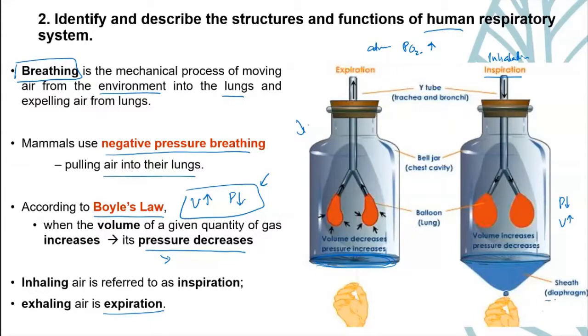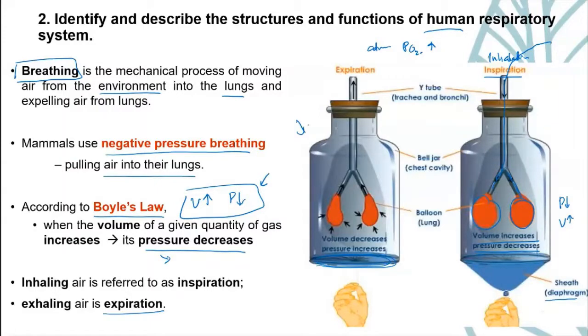At this point, the diaphragm will move down, allowing the lung to expand. The volume increases, and so the pressure inside the lung decreases. Then the air from outside can enter into the trachea, into the bronchus, bronchioles, and then into both of the lungs.